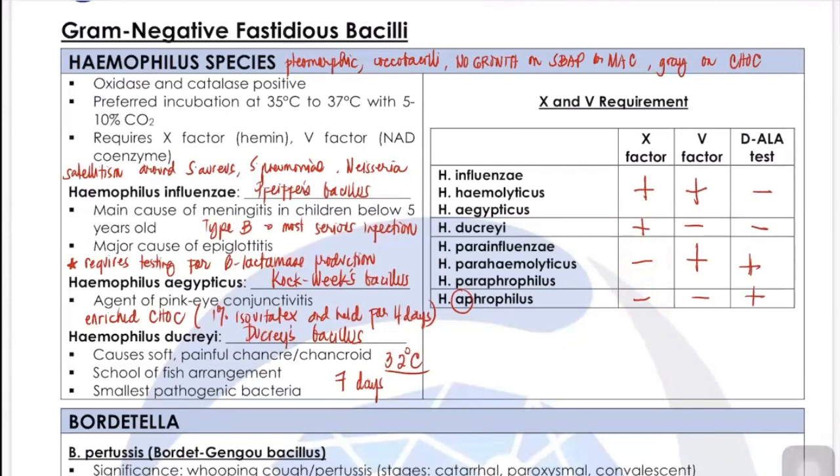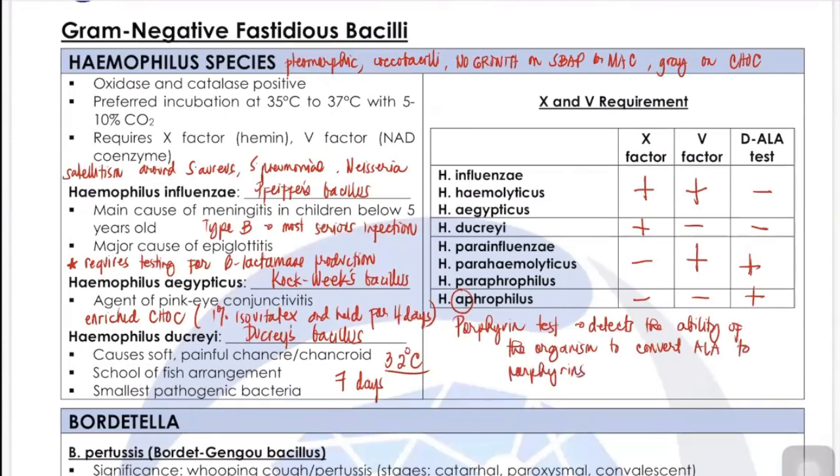So the D-ALA test is otherwise known as the porphyrin test, which of course detects the ability of the organism to convert ALA, aminolevulinic acid, to porphyrins.